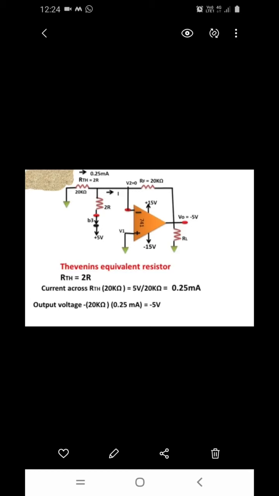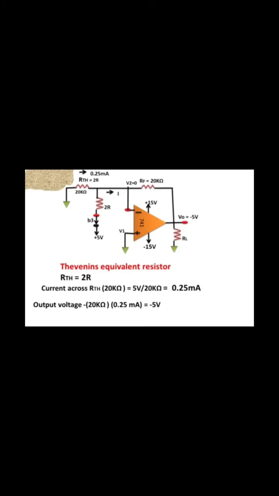The current through 2R connected to plus 5 volt is 5 volt by 20k, which equals 0.25 milliampere. Hence the same current flows through RF and in turn produces an output voltage V0, which is minus 20 kilo ohm times 0.25 milliampere, which equals minus 5 volt.